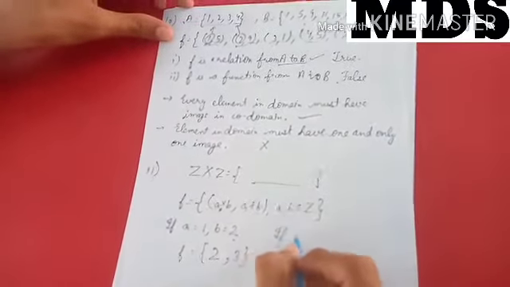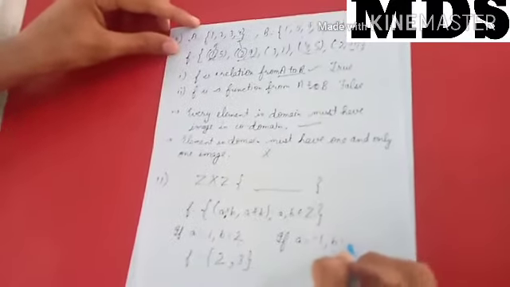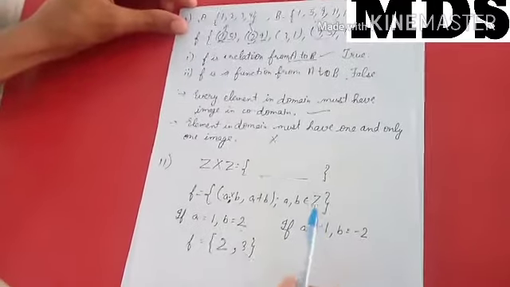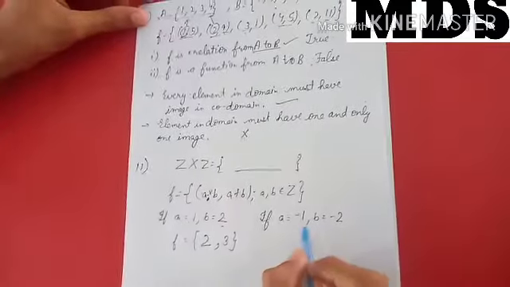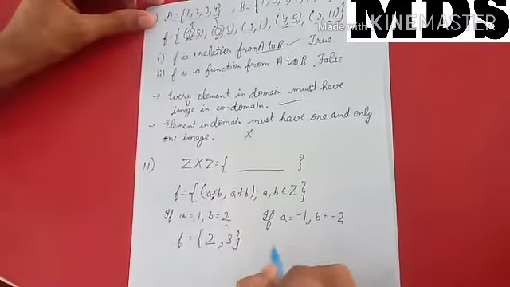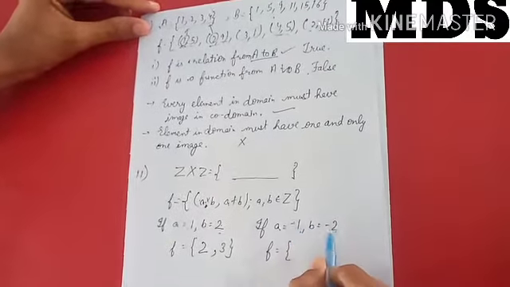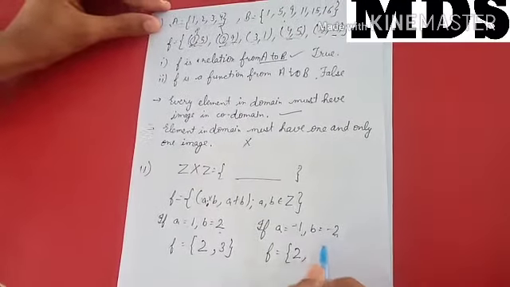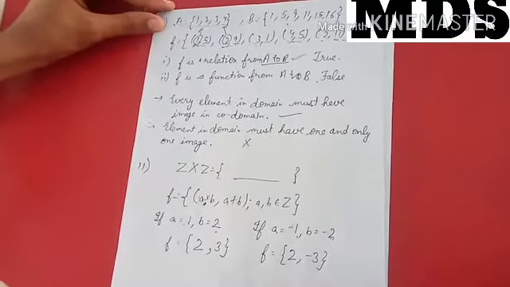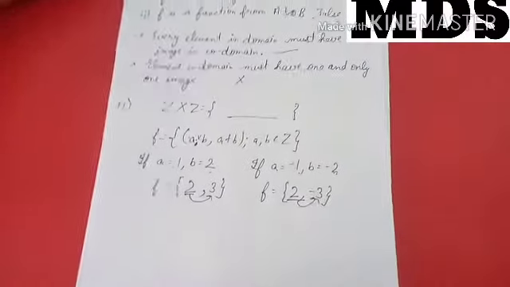Now if I take a as -1 and b as -2, we are taking these because Z means integers, what element will I get? I will get -1 into -2, again 2, and -1 plus -2, that means -3. Now you can check here that the same element in the domain has two images, one is 3, one is -3.